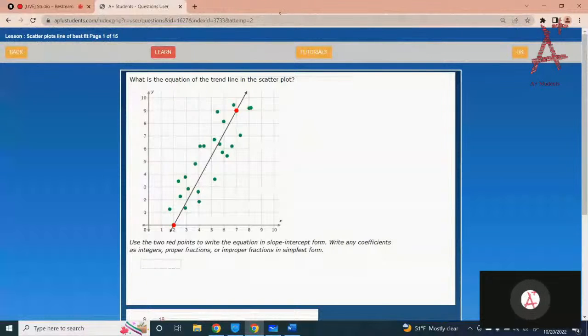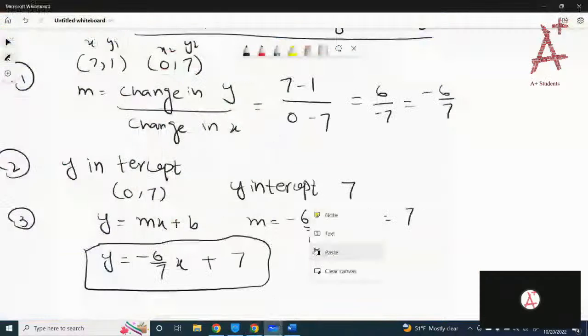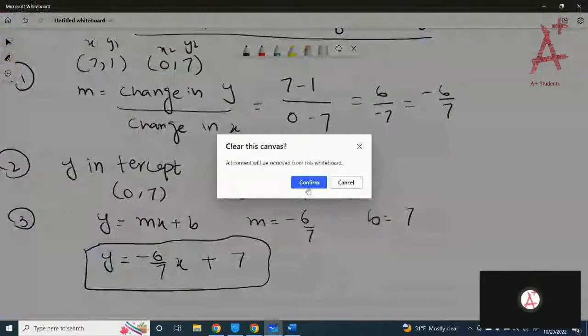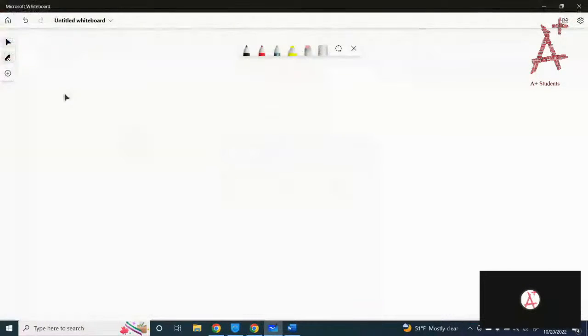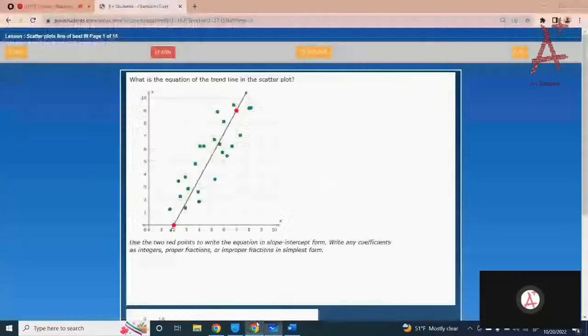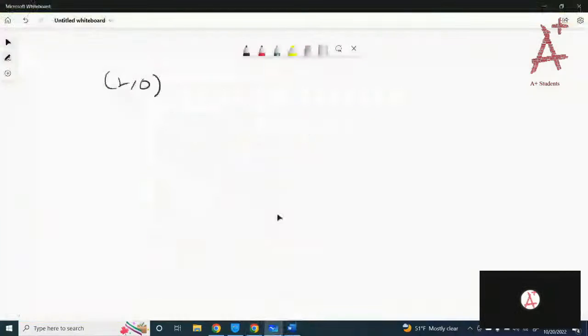So the points are (2, 0) and (7, 9). Let me write down the points: x is 2, y is 0, and x is 7, y is 9.